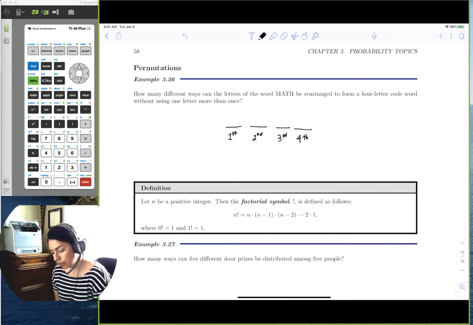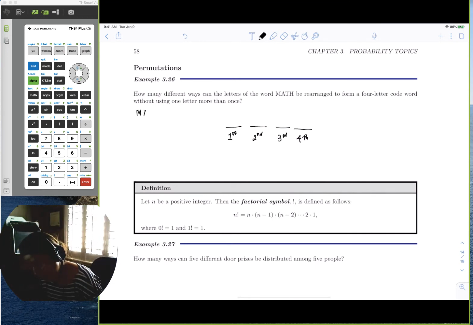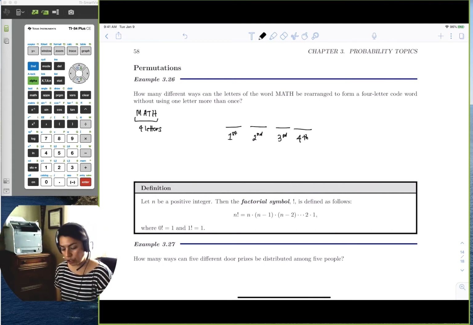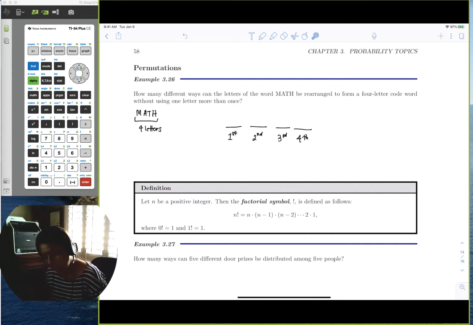How many do I have to select for that first letter? I can choose any one of these 4, right? So I would have 4 to pick from.